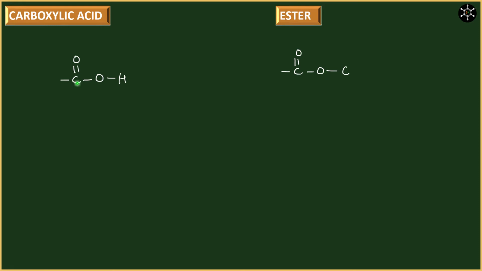On the other side, this C double bond O carbon can be connected to hydrogen or carbon in both carboxylic acid and ester. This part of carboxylic acid, we can even write it as C double bond OH or COOH or CO2H. Most often, ester is represented like this only.